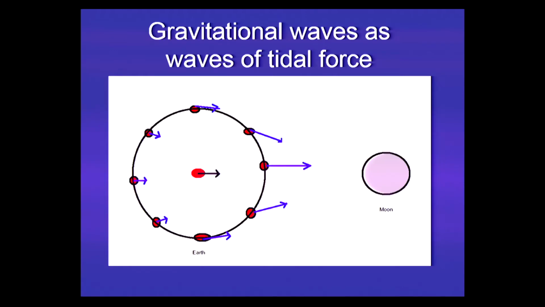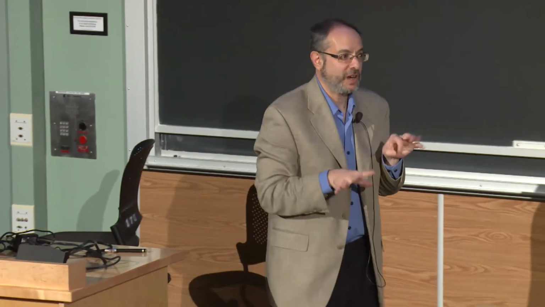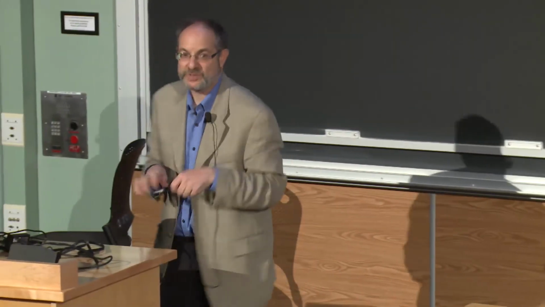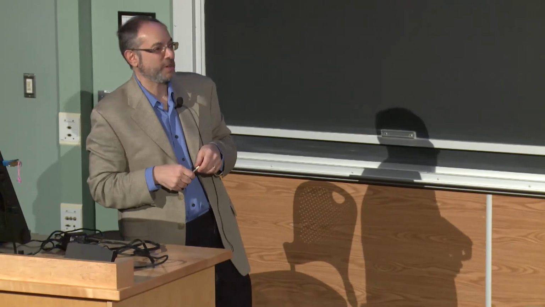Okay, so now I want to return to this possibly paradoxical question: how can there be a stretch and squeeze even after the wave has passed? And the way to think about this is to think not so much in terms of the stretching and squeezing of space, but to think in terms of the tidal force, also known as the space-time curvature.